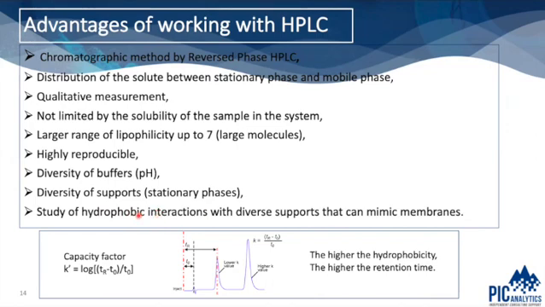I just read a review listing about 80 different conditions between stationary phases and mobile phases just to study lipophilicity.